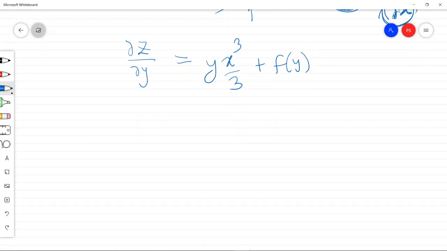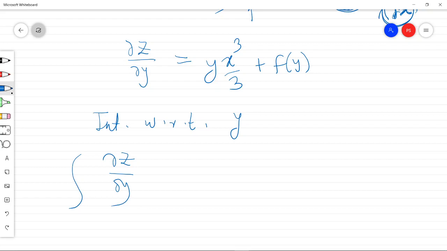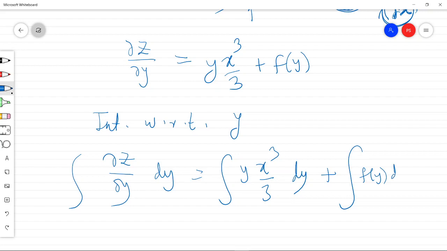Now x part is done. Now we have to integrate with respect to y. So we write integral dou z by dou y into dy is equal to integral y x cubed by 3 dy plus integral f of y dy.